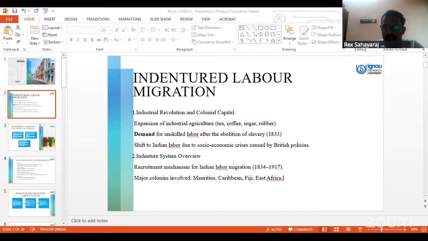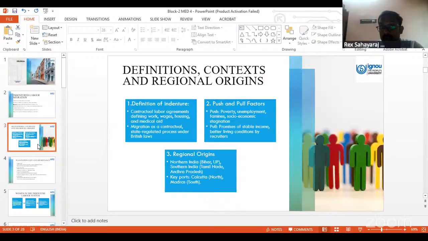And we move from this to the definition, context, and regional origins. When you speak about the definition of indentured labor, as we have seen just before this, it is simply defined as a contractual bond, manual labor.